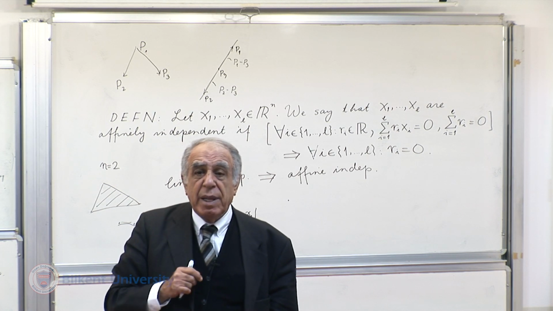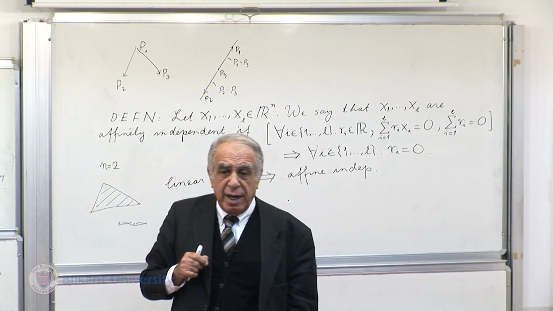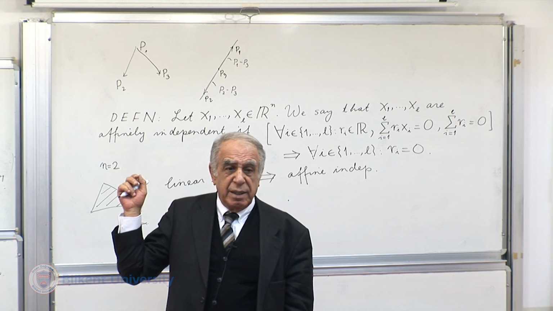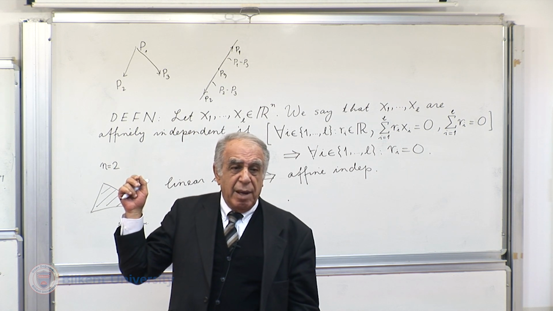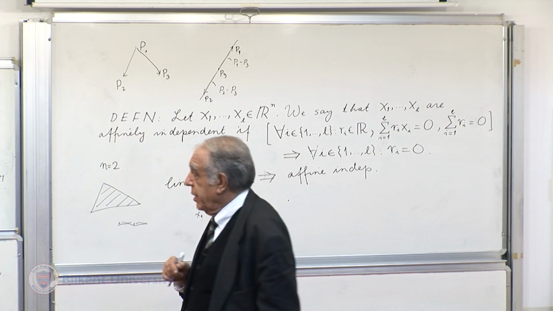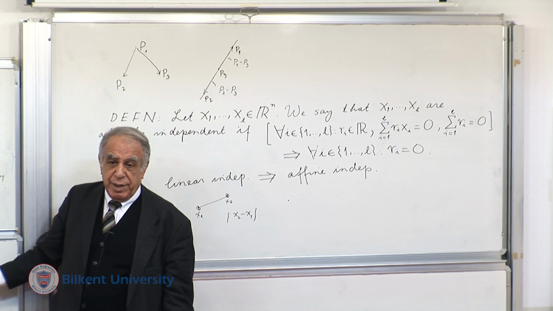What is the maximal number of affinely independent vectors in Rn? Do we have information about that? It can be n plus 1. Because if it's n plus 2, then we will apply this proposition.